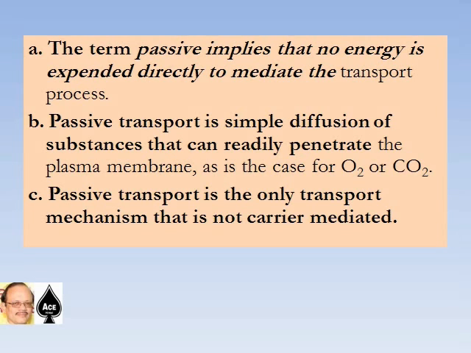The term passive implies that no energy is expended directly to mediate the transport process. Passive transport is simple diffusion of substances that can readily penetrate the plasma membrane, as is the case for oxygen or carbon dioxide. Passive transport is the only transport mechanism that is not carrier mediated.